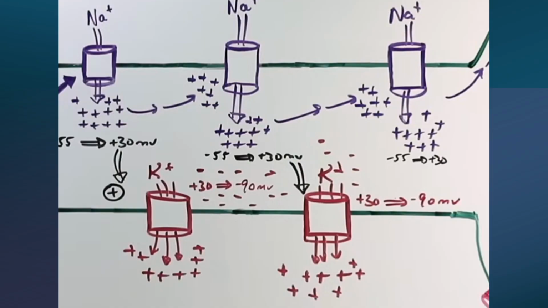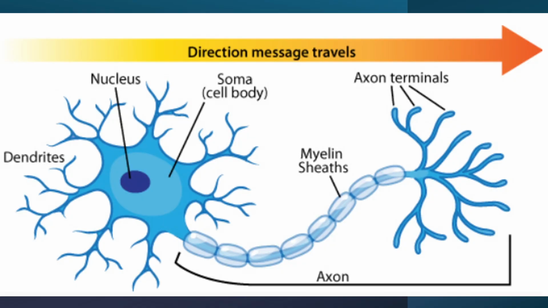So there's a wave of positivity, positive 30, moving to the right, opening the calcium channels and allowing the chemical transmitters to go to the next cell. And right behind them, there's a wave of negativity of negative 90 millivolts following them and closing back the calcium channels. So that's how it works in a real neuron.